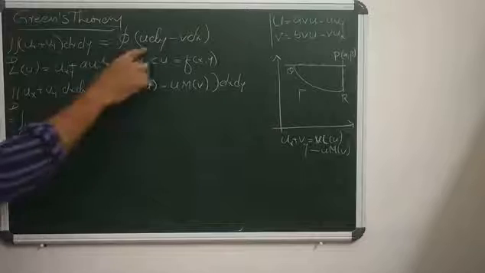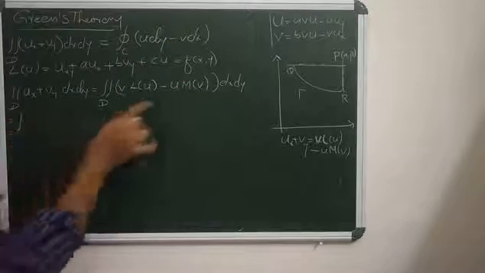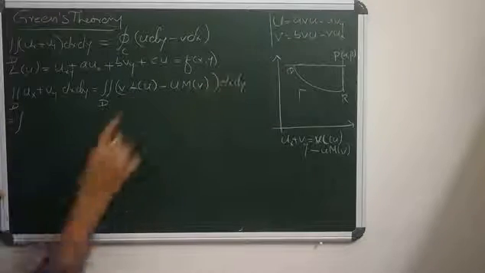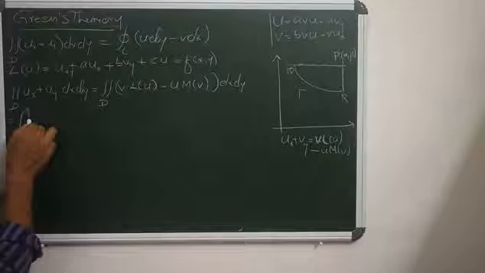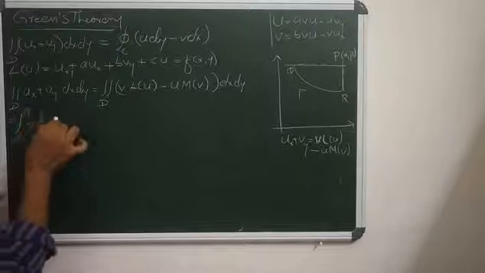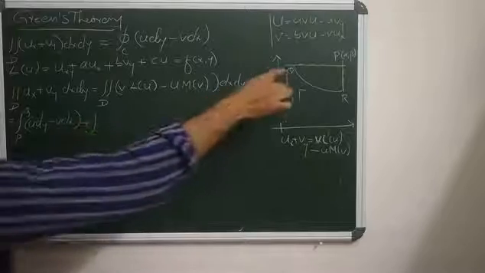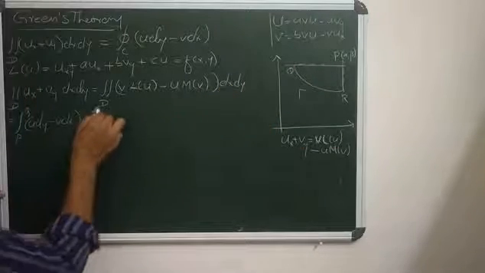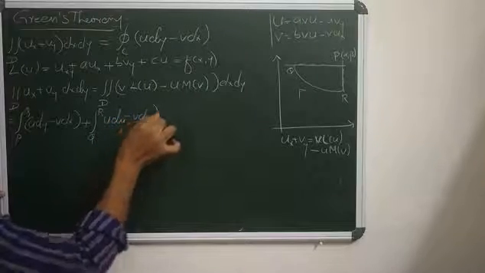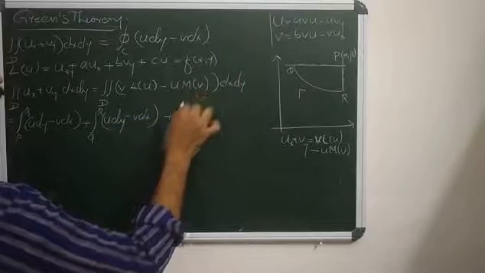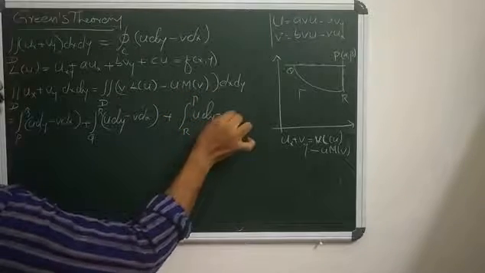So the integral over C of u dy minus v dx, from where to where? It is the integral from P to Q of u dy minus v dx, plus the integral from Q to R of u dy minus v dx, plus the integral from R to P of u dy minus v dx.